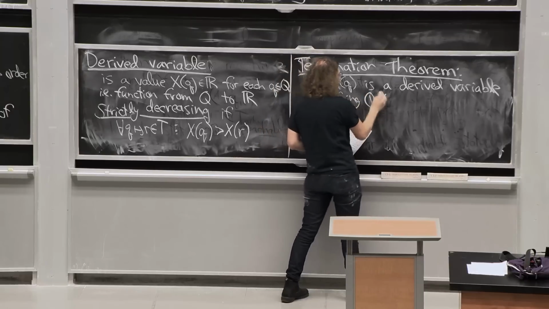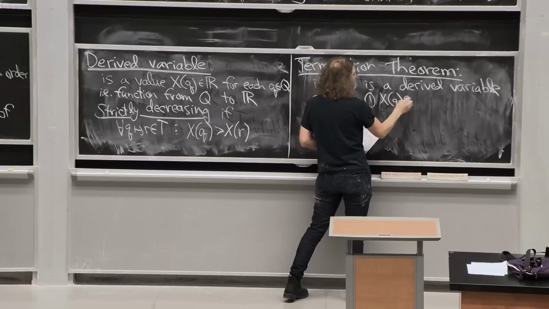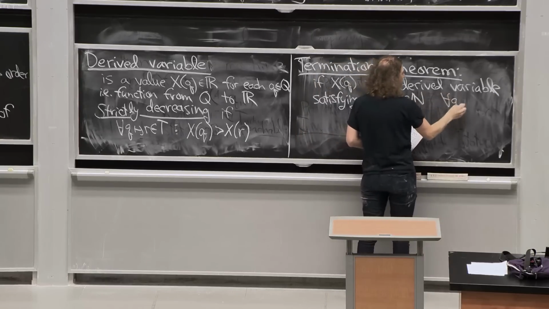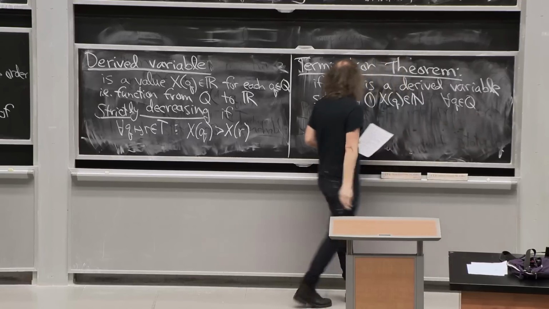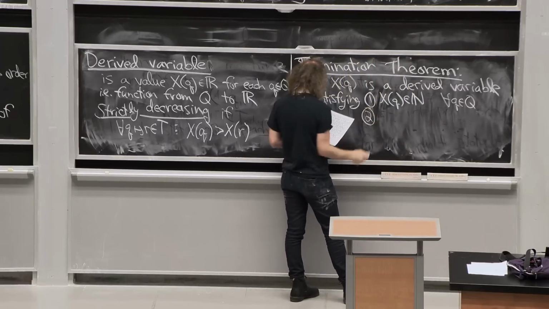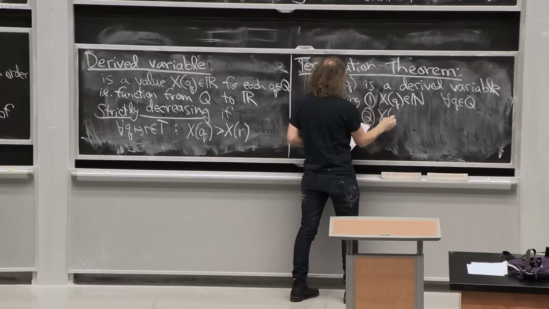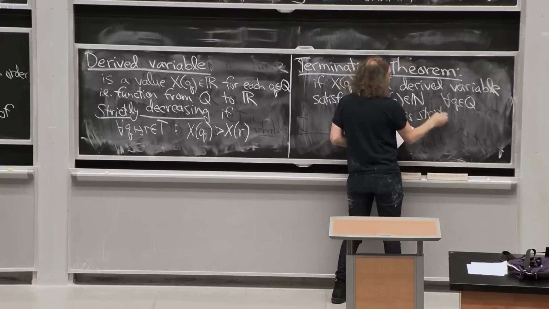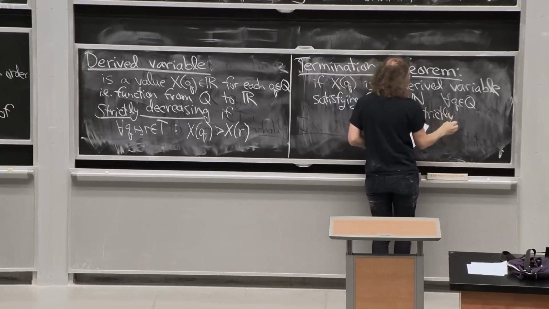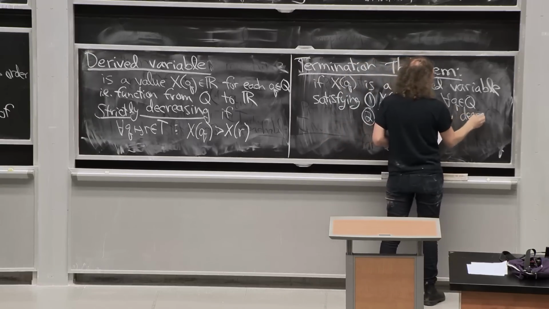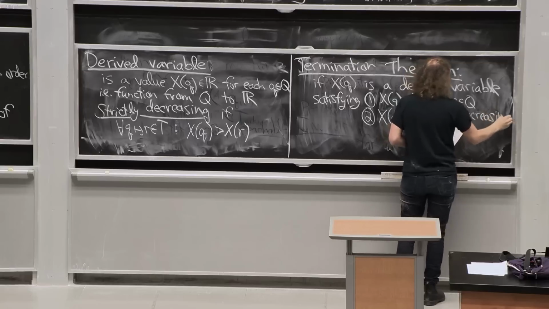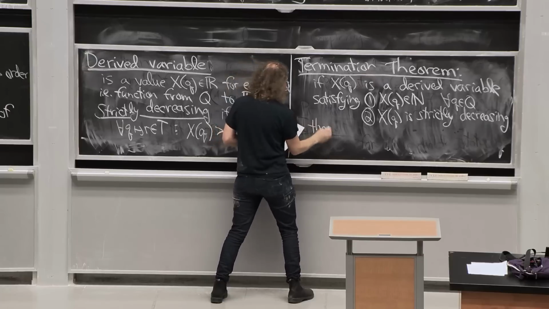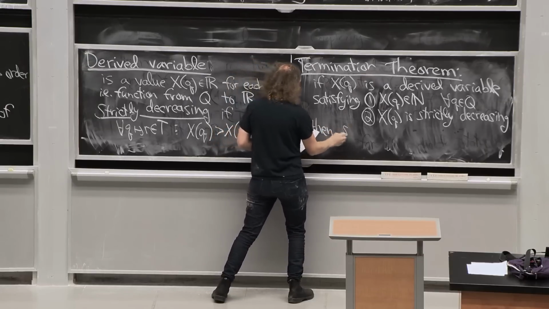Property 1 is it's actually over the natural numbers, not reals. And property 2 is that it's strictly decreasing. Then the state machine terminates.